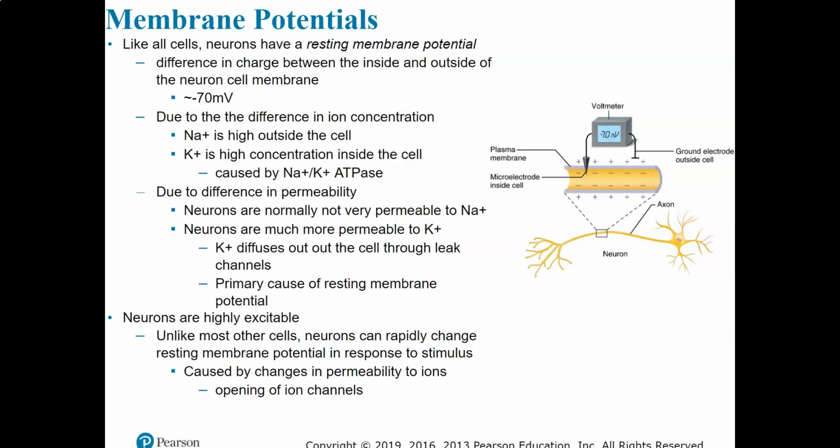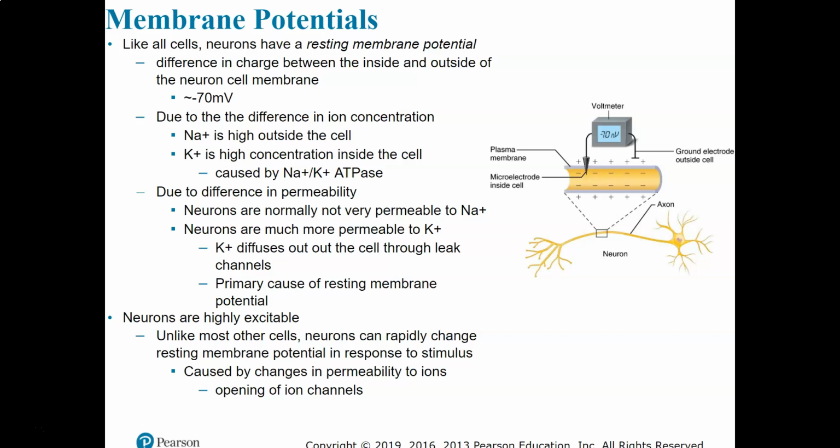Leak channels are ion channels that are more or less open all of the time. So neurons are somewhat permeable to potassium. And since there's a high amount of potassium inside of the cell, that potassium is going to follow its chemical gradient and go outside of the cell. When that potassium leaves the cell, it's going to carry positive charges with it because potassium is a cation. And that's what's going to actually generate most of that negative resting membrane potential.